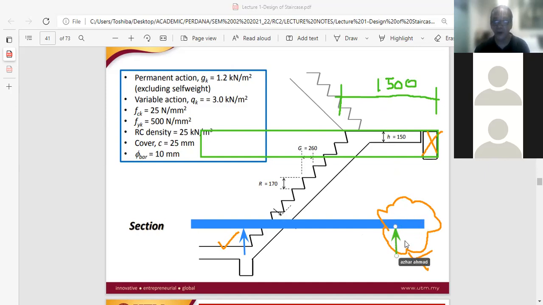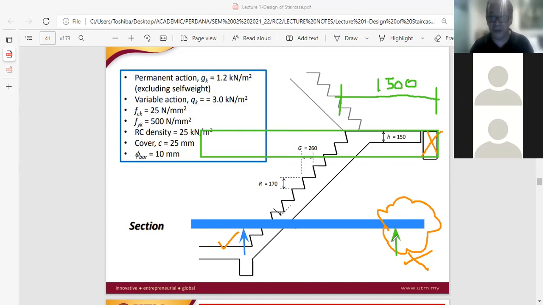So the green support here is actually coming from the landing. Landing is now acting as a support to the staircase. Landing is supporting the staircase because the beam at the right hand side is not connected to the landing.